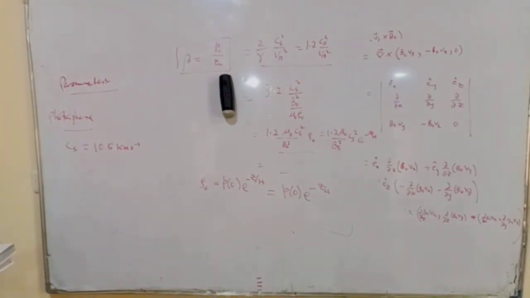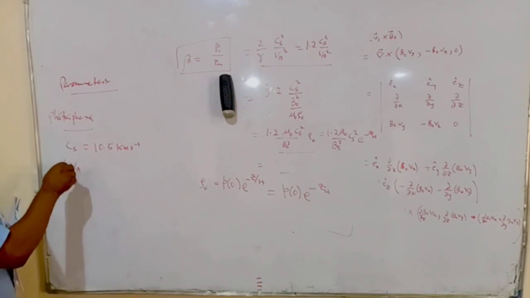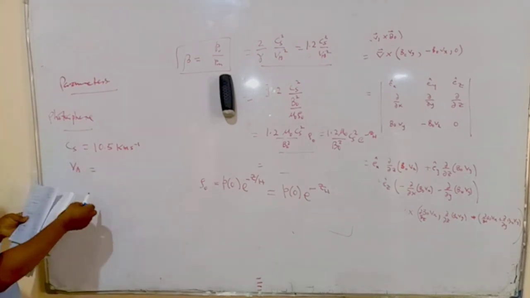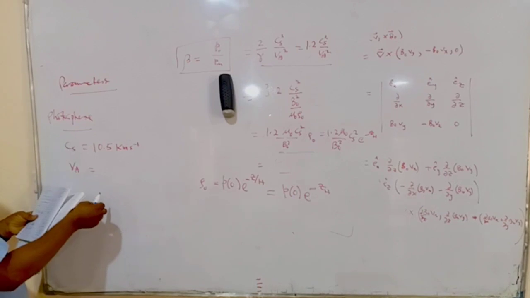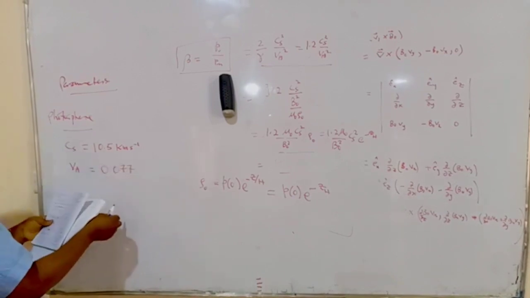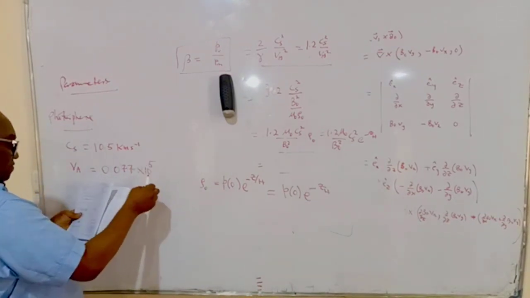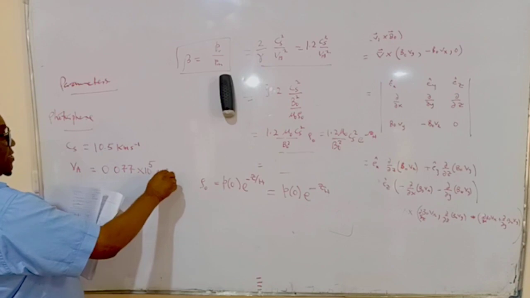The Alfvén speed is about 0.077 times 10 raised to power 5 meters per second.